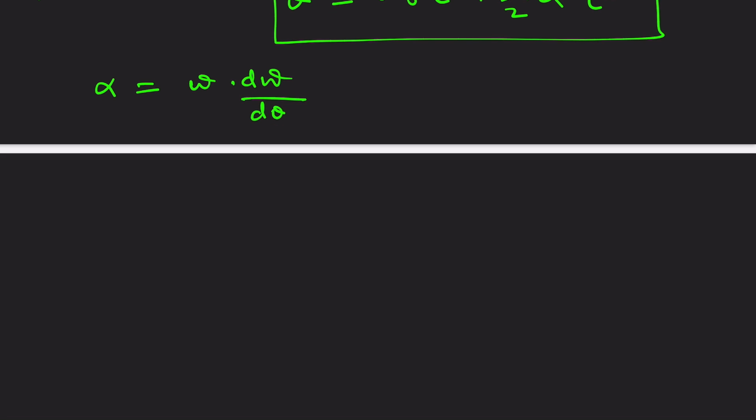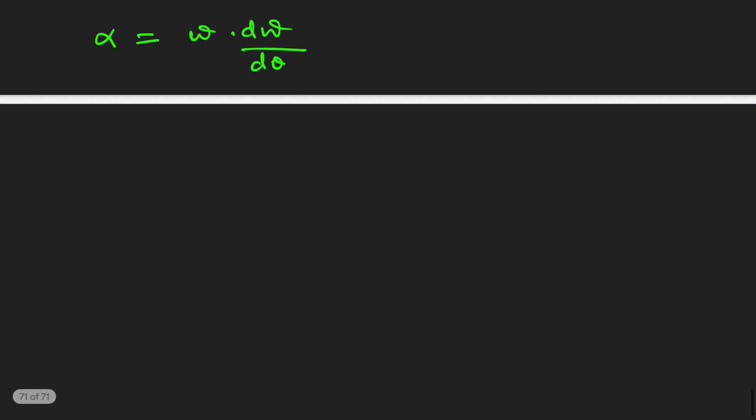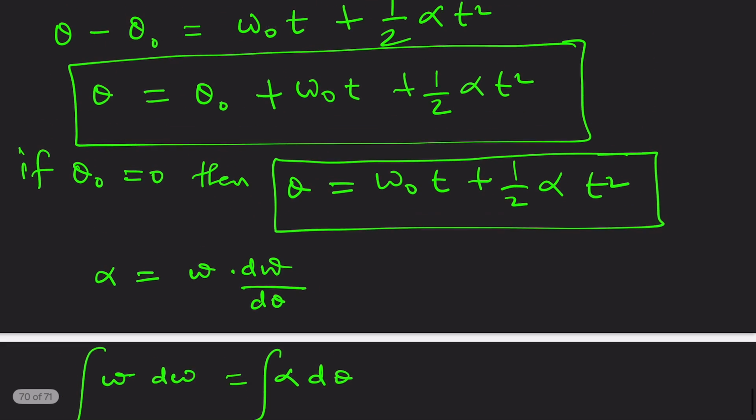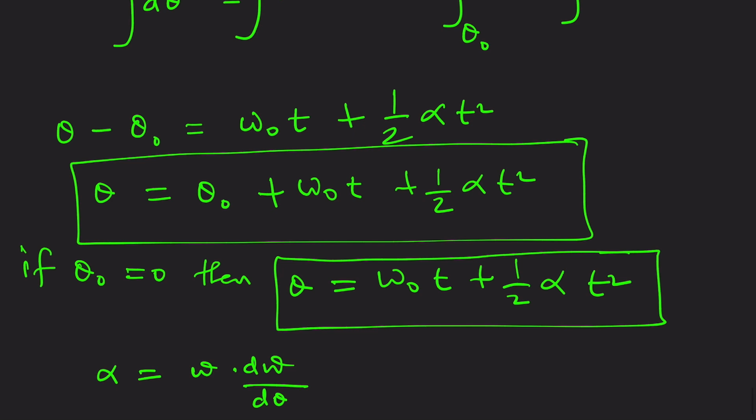So guys, if I integrate this, I can write this as omega d omega is equal to alpha d theta. If I integrate this, remember, the directions of these omega and alpha we have to take care of manually. These equations can't be written in the vector form directly.